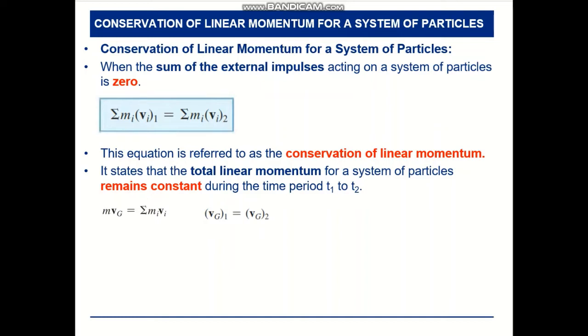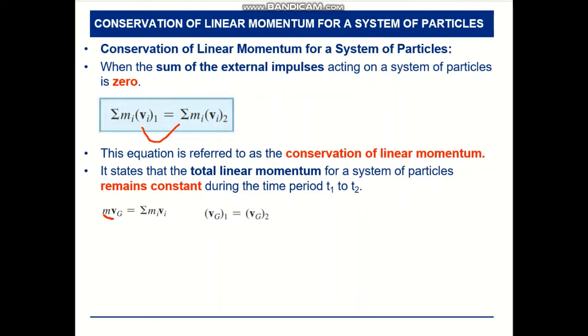So if we add them, they are going to be equal to each other. Then it can change into internal system parts. This equation is referred to as the conservation of linear momentum. It states that the total linear momentum for a system of particles remains constant during the time period.